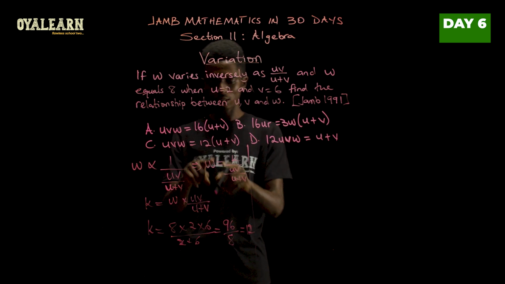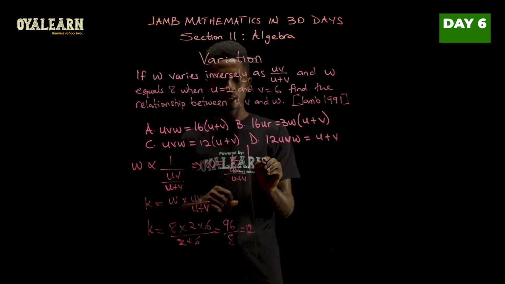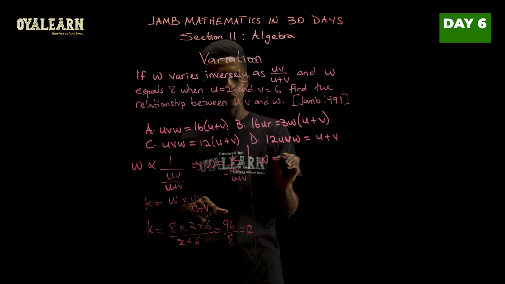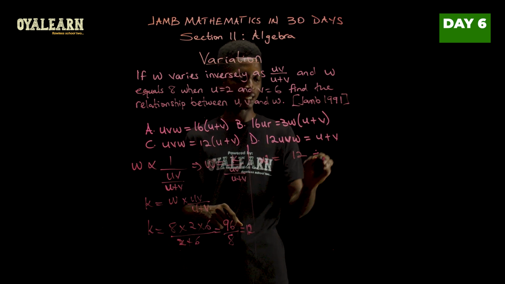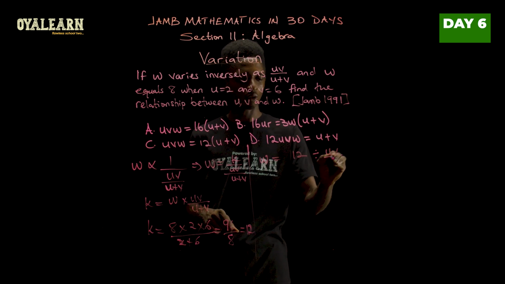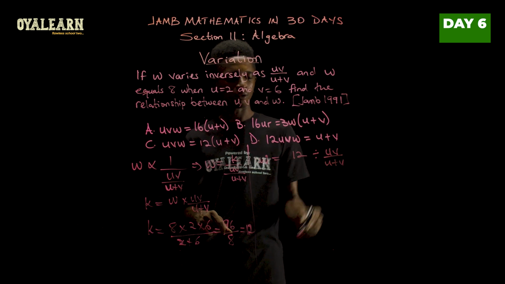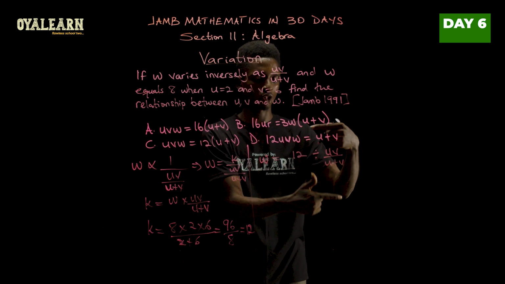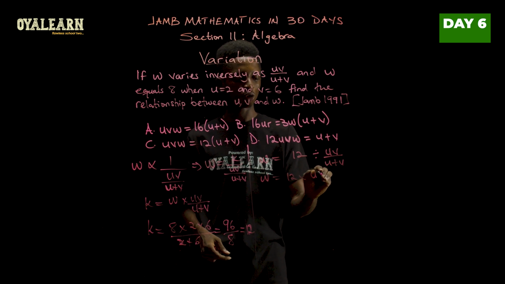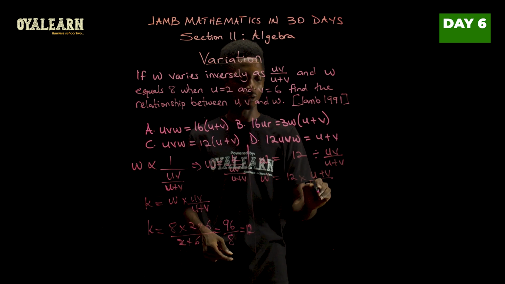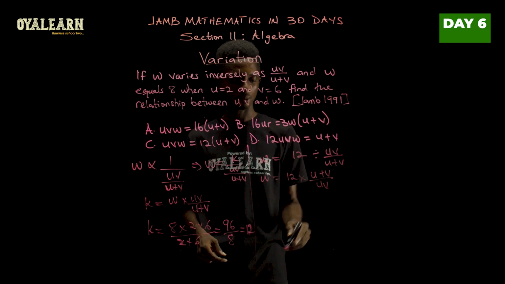Now, let's put that into this to find the relationship. So we can then say W equals 12 divided by UV over U plus V. Now what we have to do is just flip this and change it to multiplication. So we'll have W equals 12 times U plus V over UV.